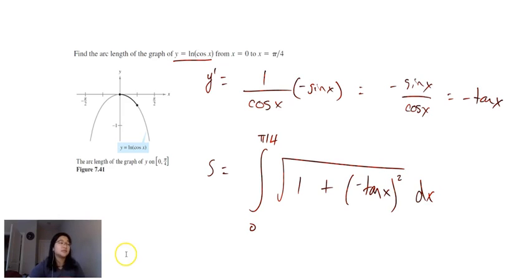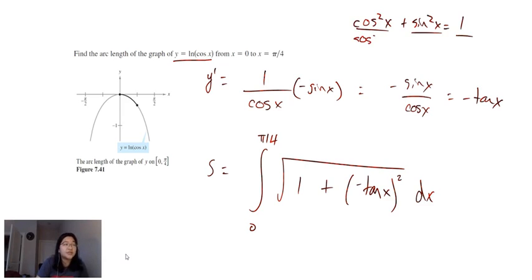Isn't that secant? I feel like that is 1 plus tangent squared, because cosine squared x plus sine squared x equals 1. So if you divide everything by cosine squared, then this is 1 plus tangent squared x equals secant squared x.